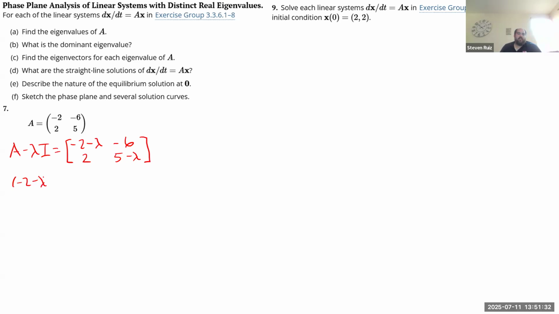So minus 2 minus lambda times 5 minus lambda minus 12 equals 0. So lambda squared minus 5 lambda plus 2 lambda, so minus 3 lambda, minus 10 minus 12. I think I got the sign wrong on this. Minus 10 plus 12, so plus 2.